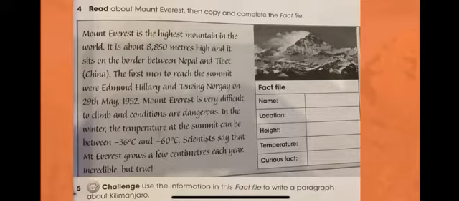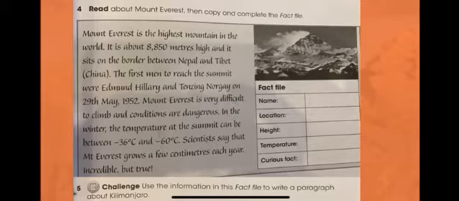The first man to reach the summit, which means the highest point of the mountain, were Edmund Hillary and Tenzing Norgay, on 29th May 1952. Mount Everest is very difficult to climb and conditions are dangerous.